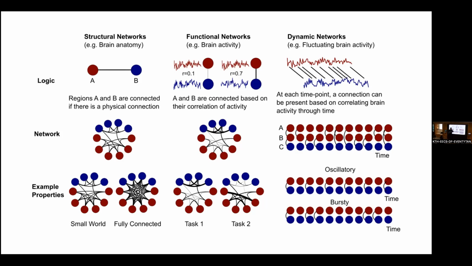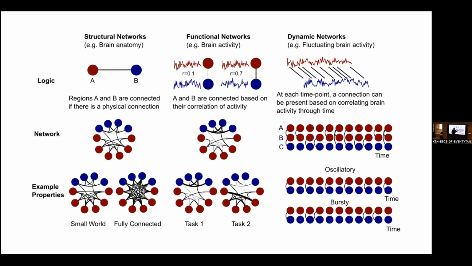There, we have time series that we have extracted from the parcellation of the fMRI data. So each time series represents a parcel or a node in the brain, and a connection is present based on correlating activity through time. So we are interested in what is the degree of connectivity at this time versus that time, and so on.